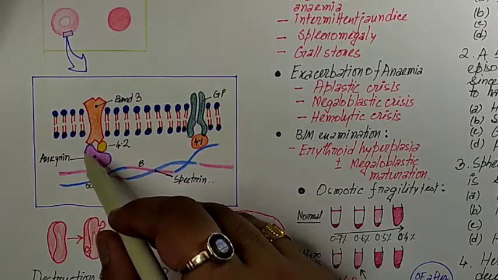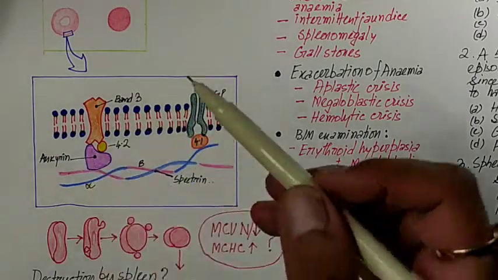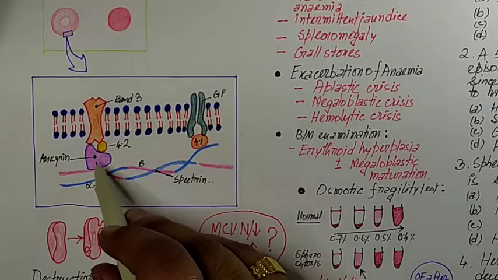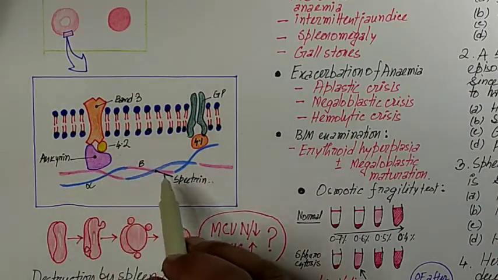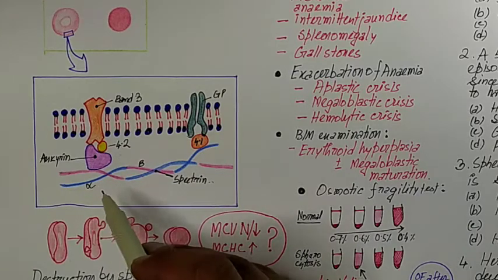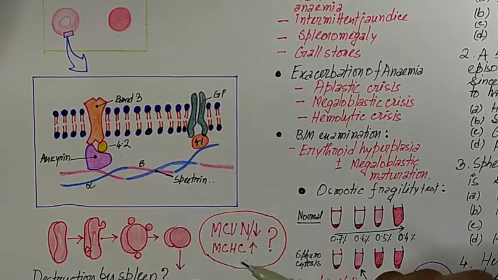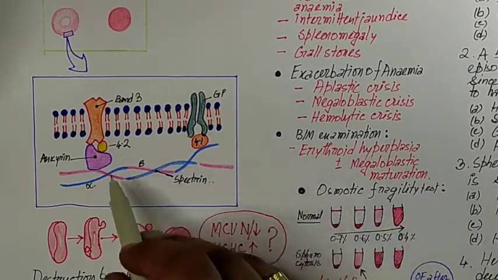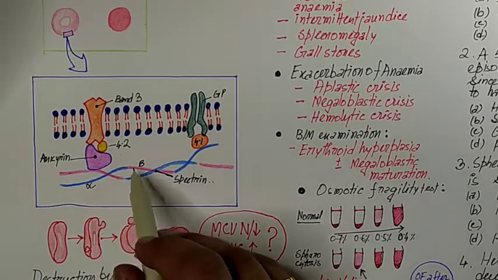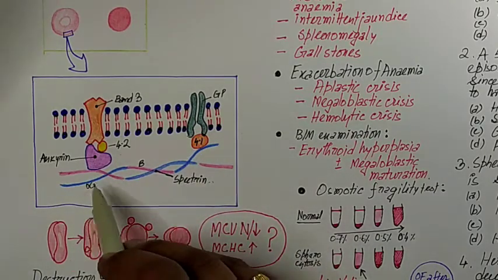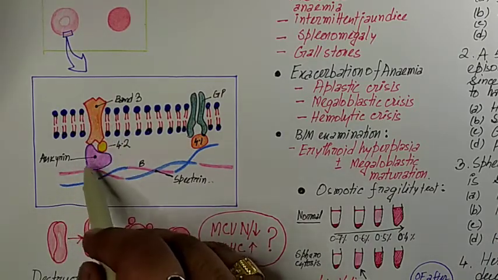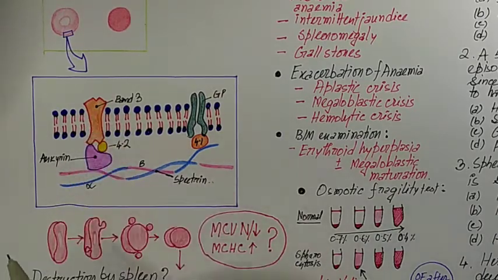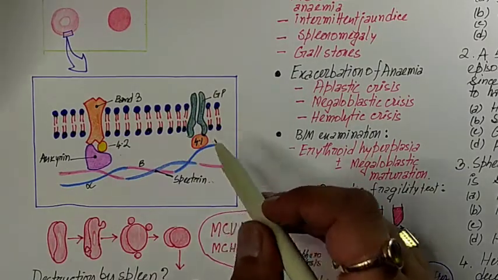Now there is another important protein, that is ankyrin, and this ankyrin helps to attach band 3 protein with the spectrin. Spectrin is the major cytoskeletal protein. So this spectrin, which has this helical structure, is attached with the RBC membrane with the help of ankyrin and band 3. Also there is another attachment.